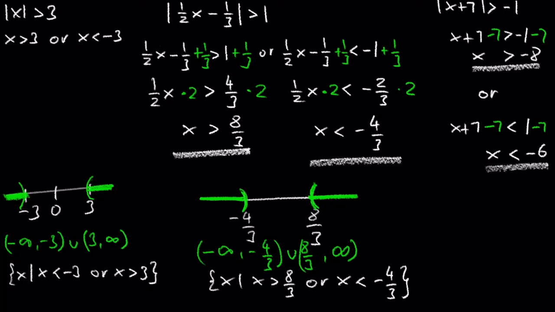Let's plot this on the number line. X is less than negative 6, so let's plot on the left side. And x is greater than negative 8, so plot this solution on the right side.